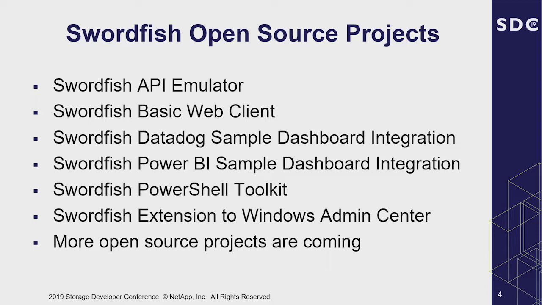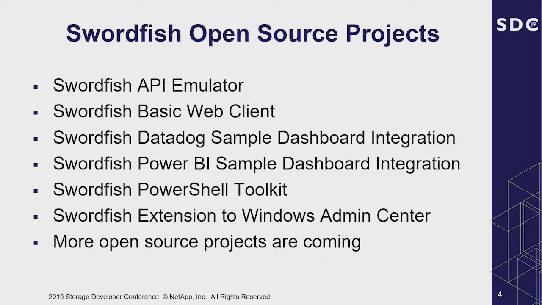In other words, if you use Datadog to monitor things, this is something you could start with to do your own dashboard to watch what you care about in storage systems that are managed by Swordfish. Same thing for Power BI. If you use that for monitoring situations in your data center, then you could do the same sort of thing there.